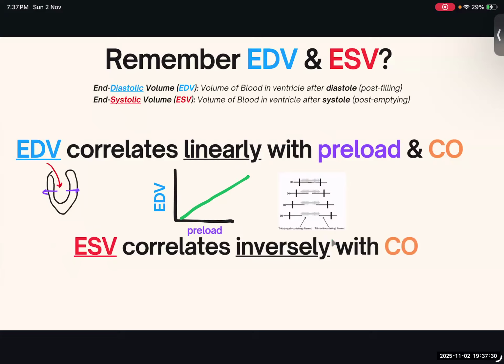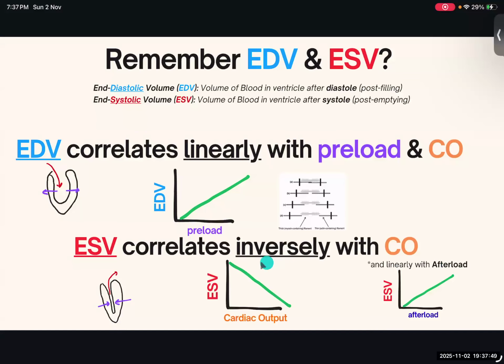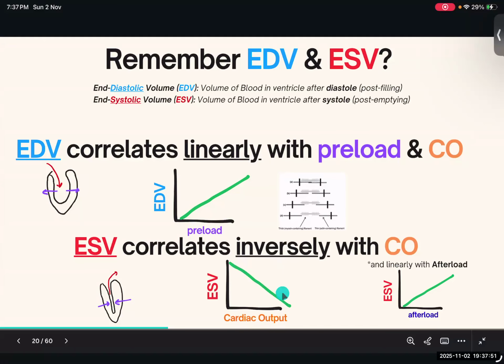Now, on the opposite end of the spectrum, end systolic volume correlates inversely with cardiac output. What does that mean? This one is a little more confusing. So the end systolic volume is the volume of blood after I pump, after I go through systole. So if I have a high ESV, that means I'm not pumping enough blood, right?